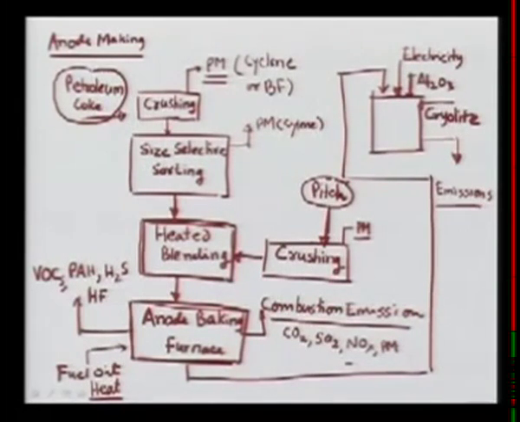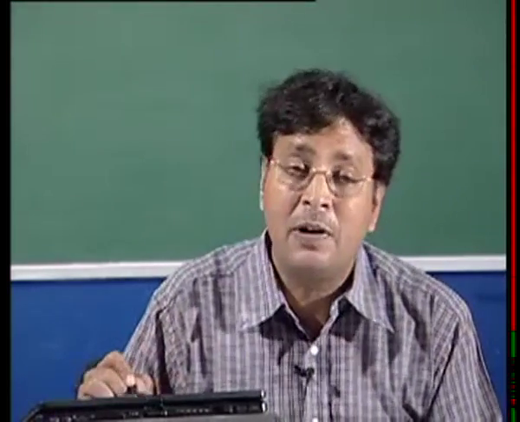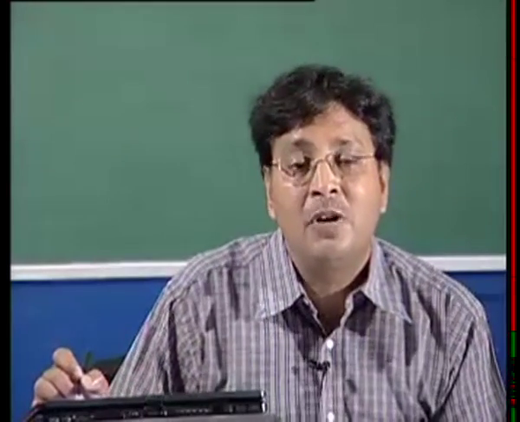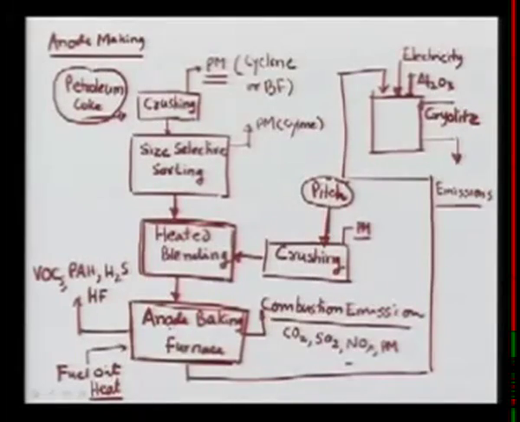The second side of the story is that once we have the coke that came in the process, and the pitch that came in the process here, the impurities there are also emitted. Otherwise these impurities will go into your cell, in the pot line or in the pot. Once it goes in the pot, the quality of the aluminium production will go bad. So once you are heating it up, I am not calling it firing, it's the anode in paste form being heated up.